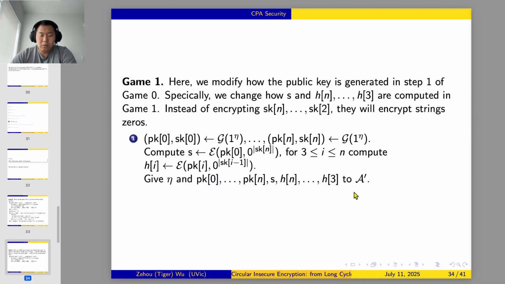The difference between this experiment resulting in 1 and the previous experiment resulting in 1 is negligible, because by CPA security, we can replace these tags with zeros and they are indistinguishable, since with or without replacing these tags, there are no cycles created.